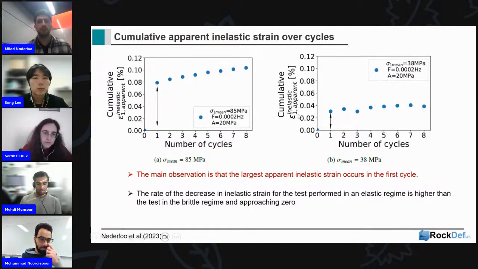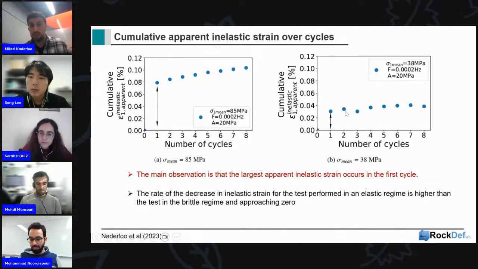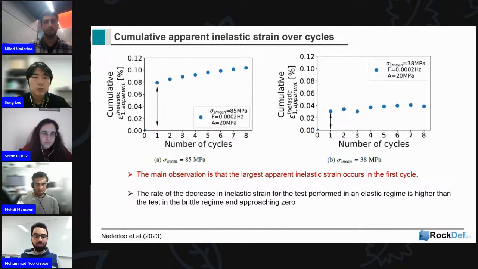Another important thing is how they behave with an increasing number of cycles. If we are in the elastic zone, the low stress regime, it slightly flattens and there is no increase in inelastic deformation. But when we are in a higher stress regime, by increasing the number of cycles we are still inducing some inelastic deformation.